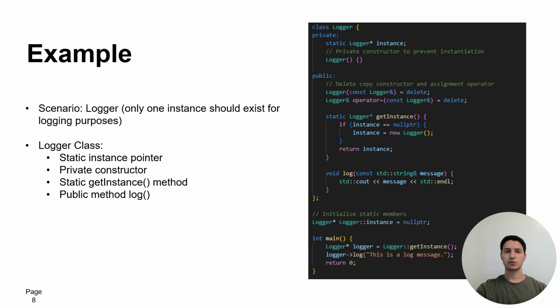Then we have a private constructor that prevents any instantiation from outside the class. Then we have the getInstance method that checks if the instance exists or not. If it doesn't, it creates one and returns the same instance for every call. Here, we made sure that we made a singleton pattern.